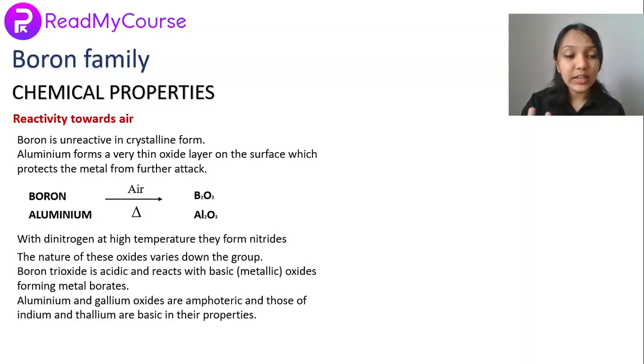And the nature of these oxides varies down the group. Fine, we know that down the group there is some abrupt change in the properties as well, right? Boron trioxide, that is B2O3, is acidic and hence it reacts with basic metallic oxide and forms metal borates.